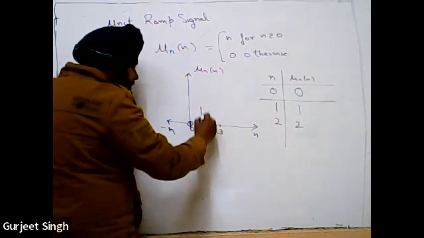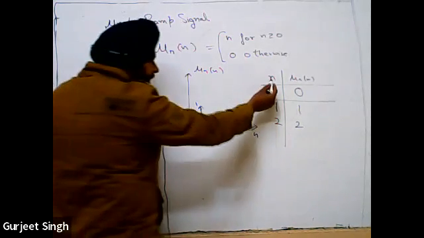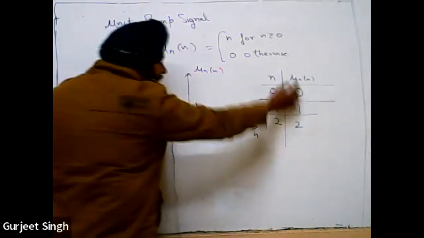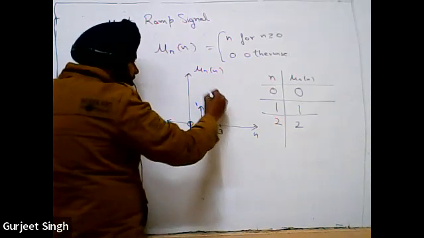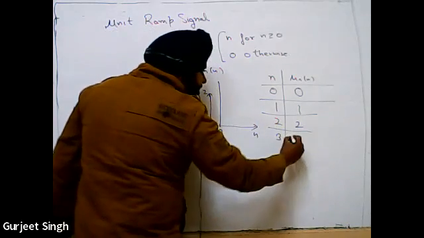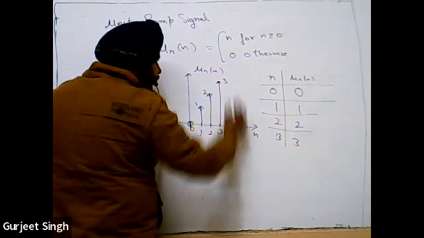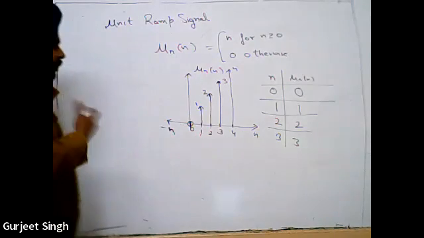So I am drawing the magnitude here, it is 1. Now I am taking n equal to 2. What is the value of U R(n)? It is again 2. For n equal to 3, it is 3. For n equal to 4, the value is 4. So this is the unit ramp signal.